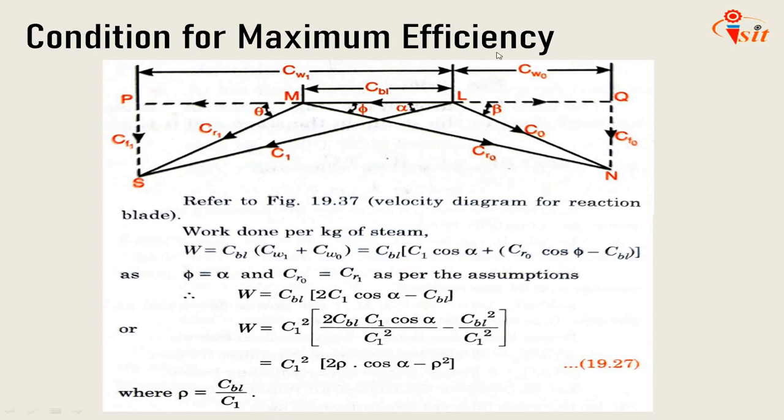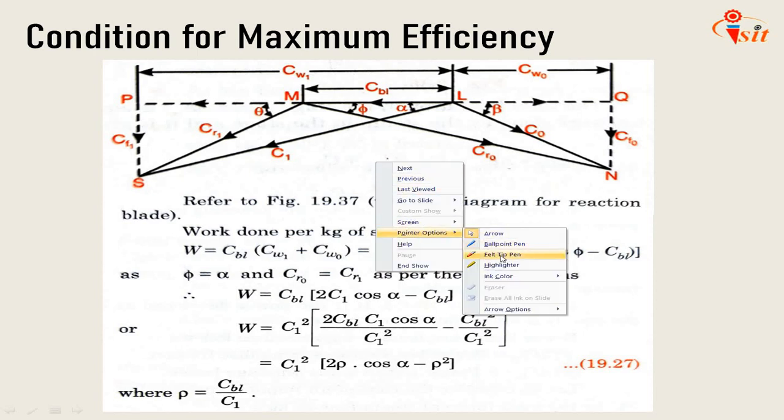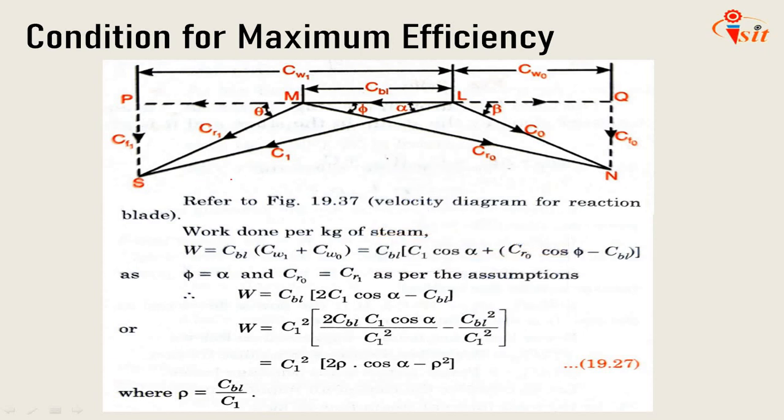Now here from the figure, the velocity diagram for a reaction turbine. Work done per kg of steam, that we know W equal to CBL multiplied by (CW1 plus CW0). So that will be the work done per kg of steam.